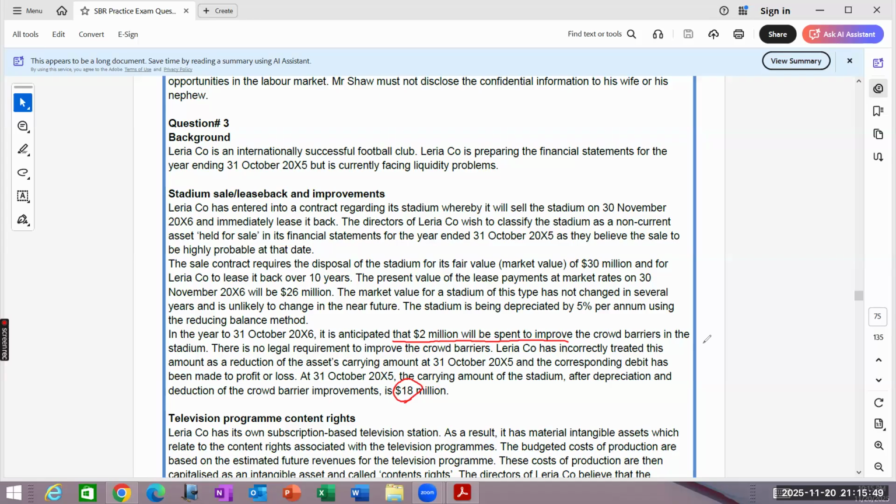It is a future operating cost. When it is incurred, it will be recorded in profit and loss. Before that, it cannot be recognized in advance, and especially not as an impairment. So we need to reverse it, and the carrying value of the stadium will be restated to 20 million US dollars, that is 18 plus 2.